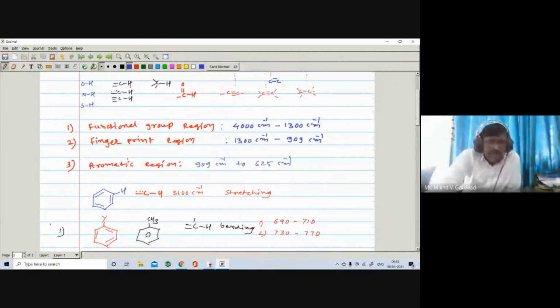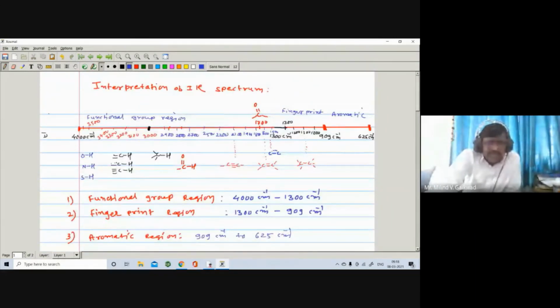Look here. You'll see that there is a range for this IR spectrum. Towards the left side you have more energy, and towards the right side there is less energy. Due to the stretching vibration, generally you have these bands in the functional group region.